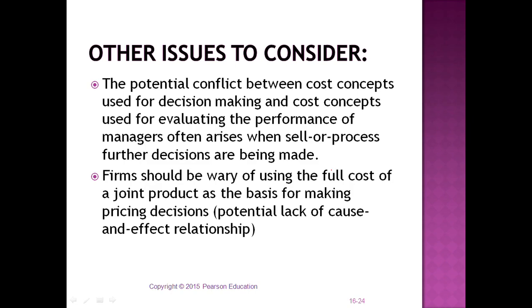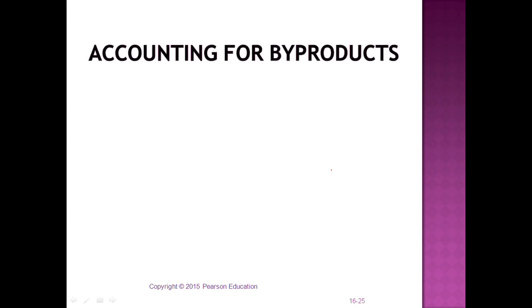As a company, we need to be wary of taking total cost or the full cost of the joint product for making a pricing decision, because sometimes there may not be a cause and effect relationship. Now, what does that mean? It means that if the manager has decided to further process and then sell the product at a higher price, it may not be because of the further process, but maybe they would have made better benefit by not processing the goods further at all.